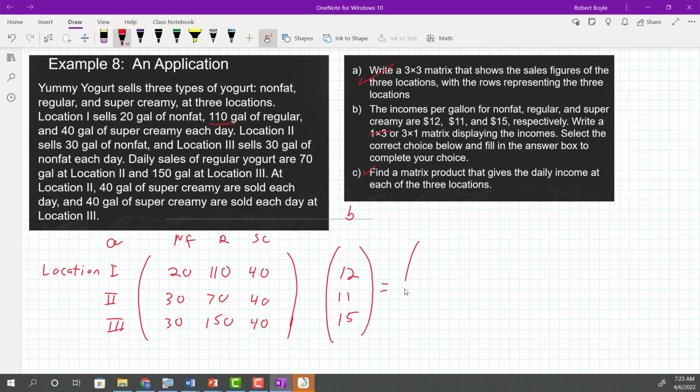Okay, so the first element of our resulting matrix is going to be 20 times 12 plus 110 times 11 plus 40 times 15.